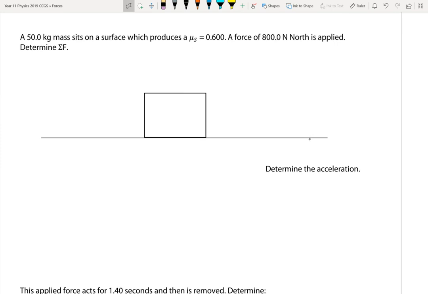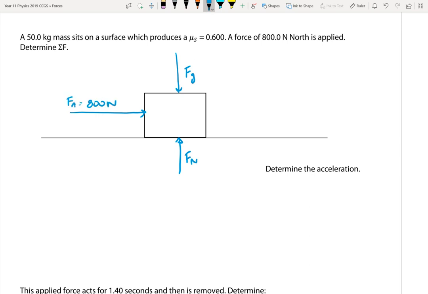And I'll get you guys working for a bit too. So, a 50 kilo mass sits on a surface, and we've got a coefficient there. A force of 800 newtons is applied. So let's draw some stuff in. Here is our force of gravity. Here is our normal force. Let's apply a force of 800 that way.